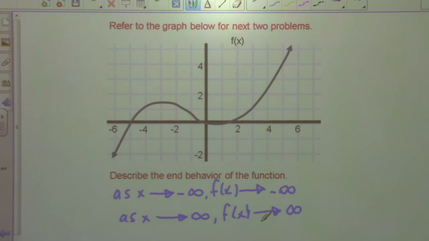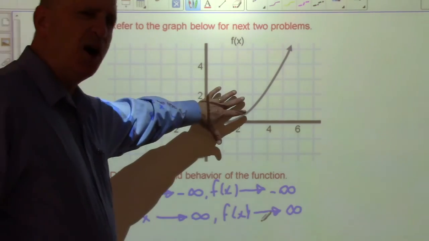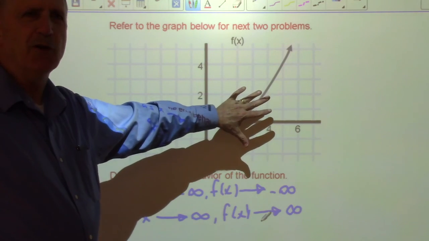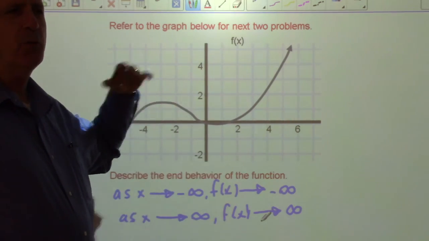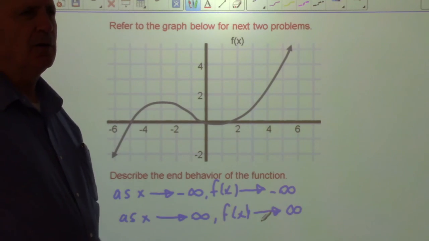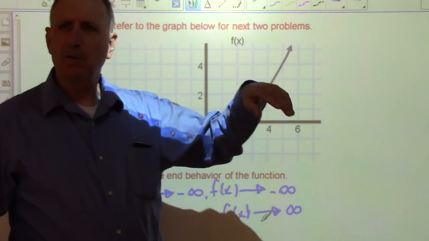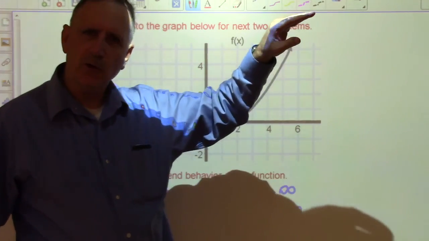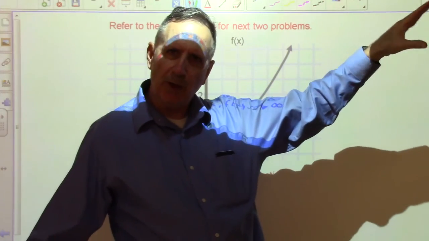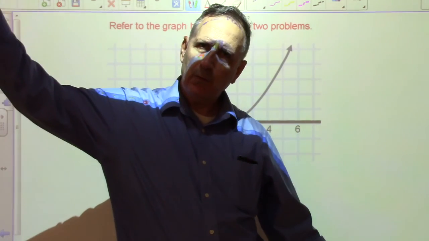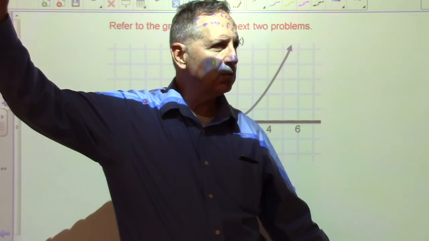but is this function here an odd function? According to the way we define it, no, it's not. But this one here has odd behavior. It's an odd behavior function because a polynomial function of odd nature is going to start low and end high, or start high and end low, right?